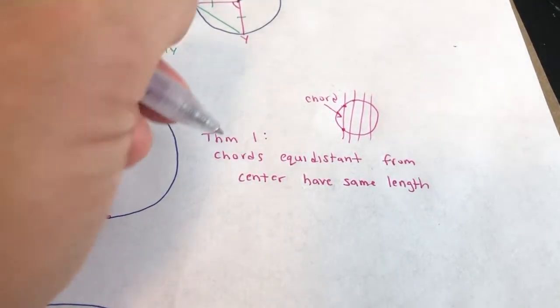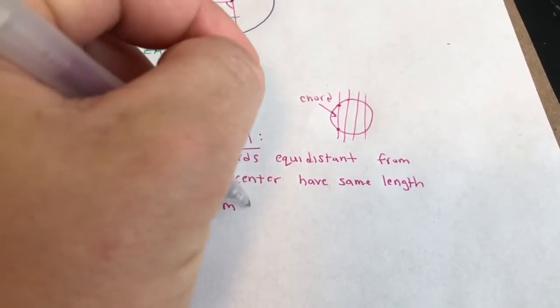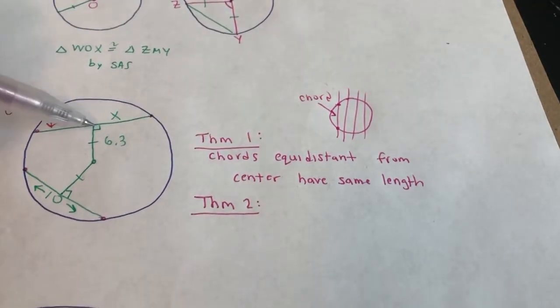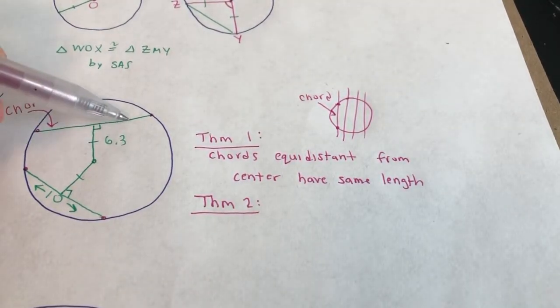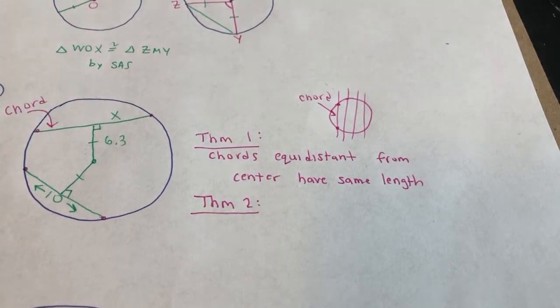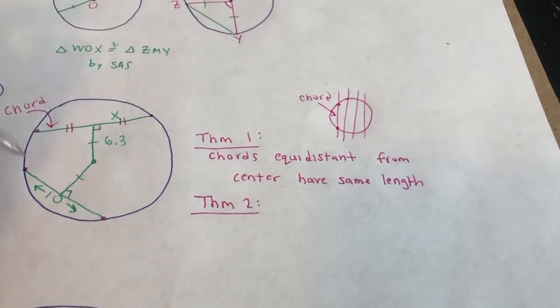And the second one of importance is that if this line from the center makes a right angle, it cuts the chord into two equal parts.